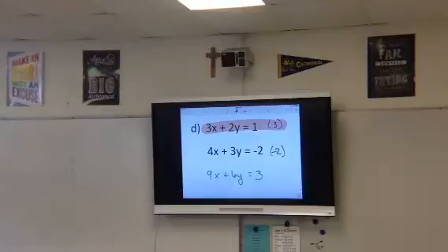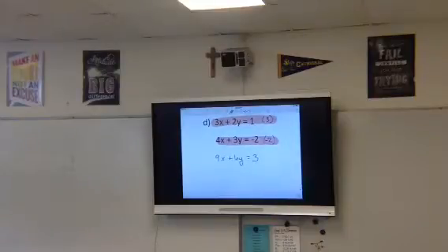Now we're going to multiply everything in the bottom by negative 2. When you multiply that all by negative 2, you should get a negative 8x, a negative 6y, and a positive 4. Is everybody okay with that first step? If you don't understand that, you're never going to get the right answer. So we're good there?